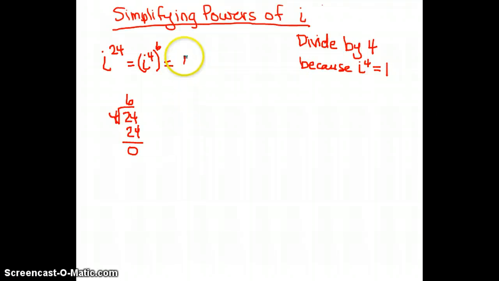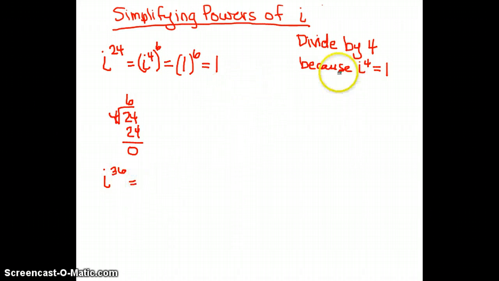So that means I have now 1 in the parentheses to the 6th power, and 1 times 1 times 1 times 1 times 1 times 1, I think I said 6 times, is just 1. So when you simplify powers of i, you really want to divide by 4 in order to get something simpler broken down.